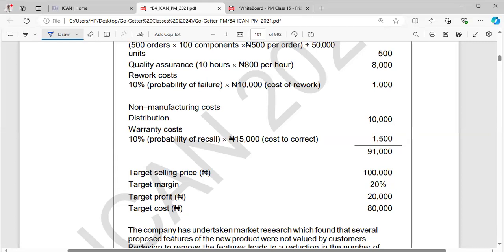All you need to do is selling price will be equal to target profit over profit margin. So what you will now do, this is 20,000 divided by 20%.